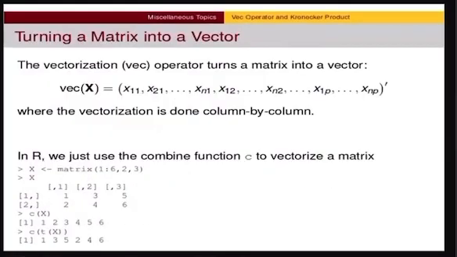Now, this is where we're going. Turning a matrix into a vector. We know how to do the math, but what is the essence? I'm going to tell you the essence now. Okay? The number one reason why I want to turn a matrix into a vector, okay?